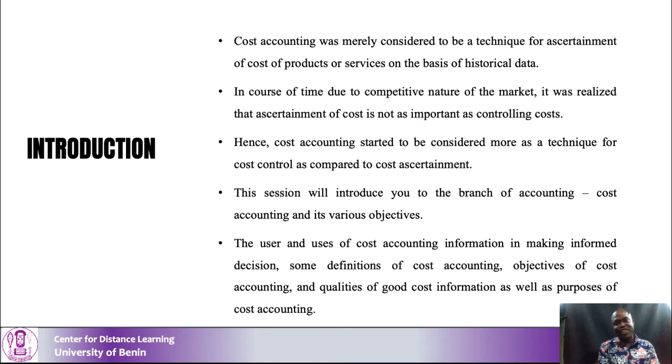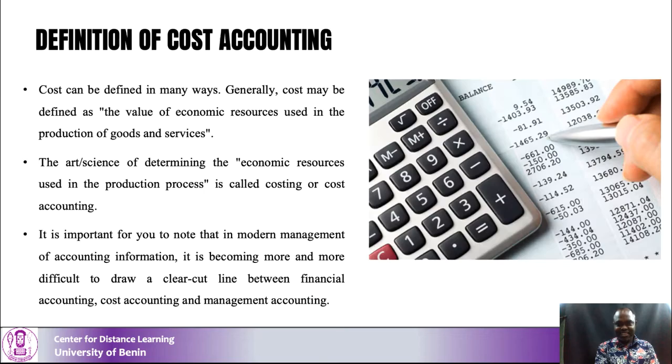Cost is seen as the economic resources used in the production of goods and services. The process of determining the cost that is being expended in producing goods and services is what is known as cost accounting.